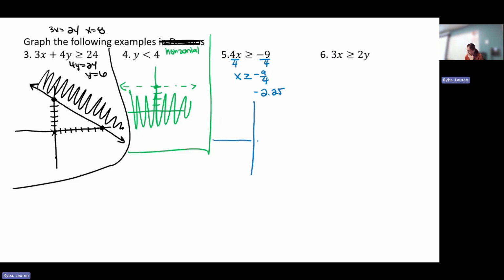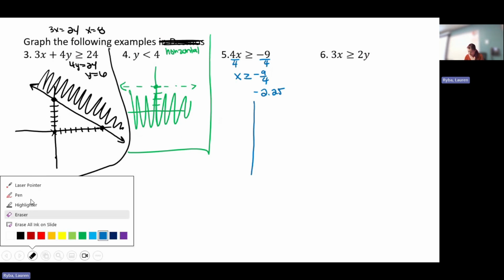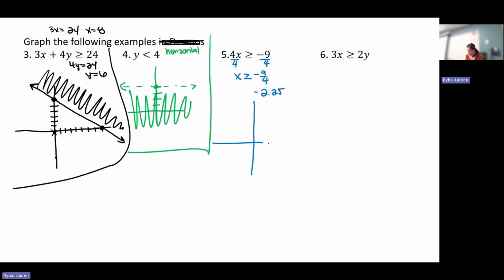So all I have is an x this time. Well, let me give myself a little bit more room here so that I can plot this nicely. 1, 2, 3. All right, -2.25 on the x-axis is right here. There is no y, which means I cannot have a slanted line.